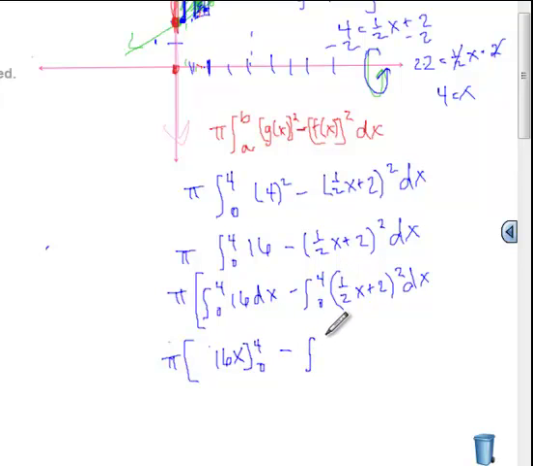Okay, so I'm going to rewrite this as a u, as a composition function. U equals 1/2 x plus 2, and then du, the derivative of u with respect to x, so I'm going to derive this with respect to its variable, you get 1/2. Okay, when I multiply dx to both sides, this is what I get.